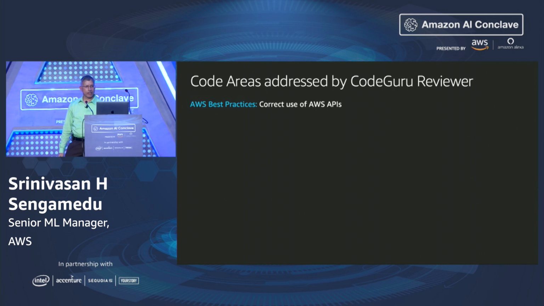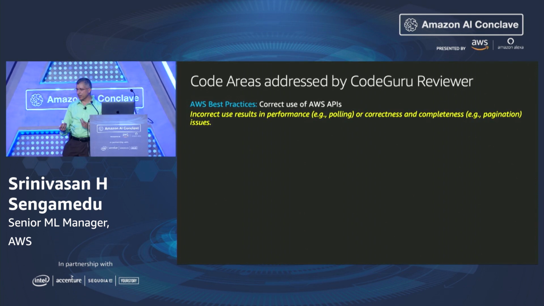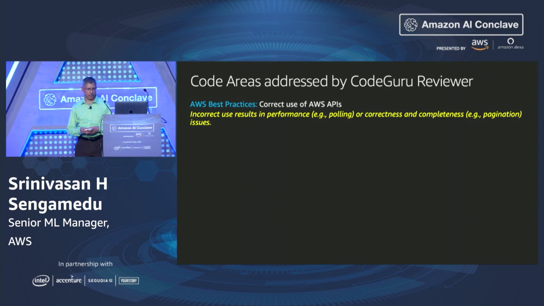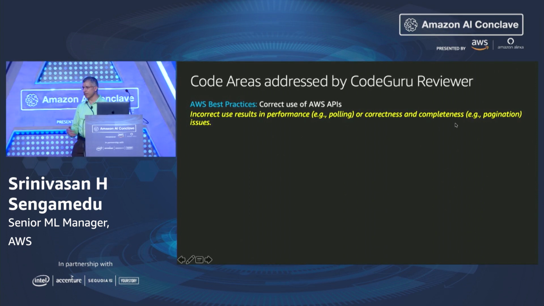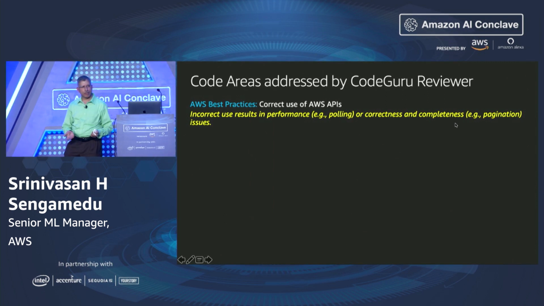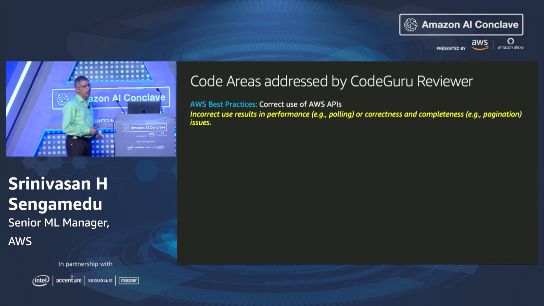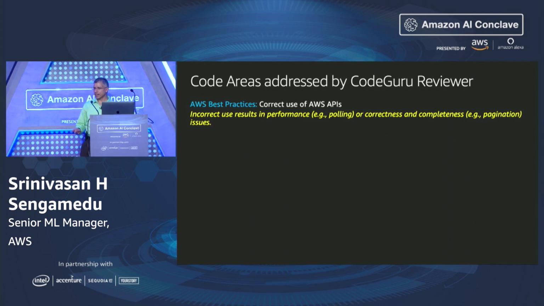And not knowing these features or nuances may lead to either correctness issues or performance issues. For example, there are things like waiters and pagination and so on with AWS APIs, which developers may not be familiar with. I'm going to give you examples of some of this later. And by not using them, you may have either a performance hit, or you may get into correctness issues, especially when the data sizes increase.